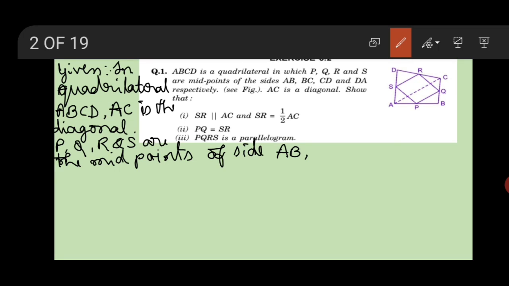Then P, Q, R and S are the midpoints of sides AB, BC, CD and AD respectively.